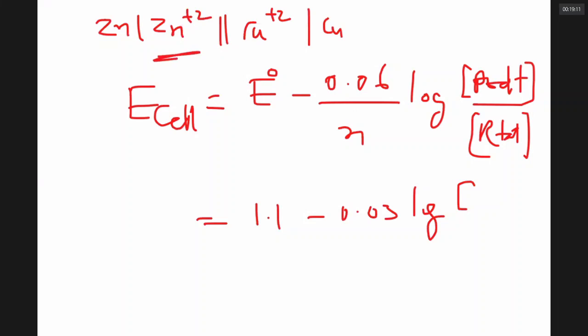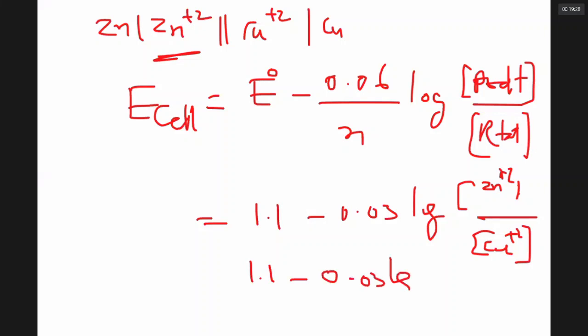At the end of the reaction, zinc is losing electrons to give zinc ion. So here, zinc ion concentration by copper ion concentration. Suppose you are decreasing the zinc ion concentration, it will become 1.1 minus 0.03 log. Zinc ion concentration is 1. Copper ion concentration is 0.1.